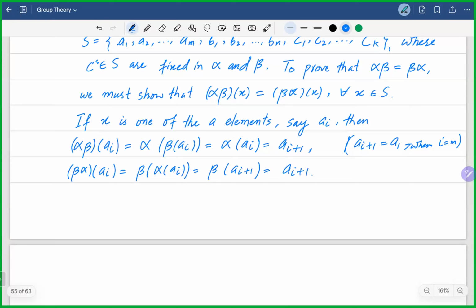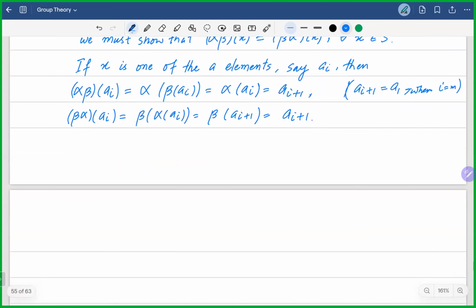Hence, the functions alpha beta and beta alpha agree on all A elements. Now, a similar argument shows that alpha beta and beta alpha agree on B elements as well. Hence, alpha beta is beta alpha for all A in S.